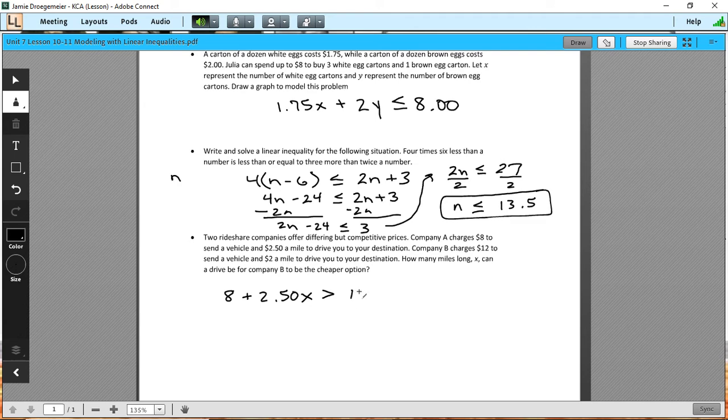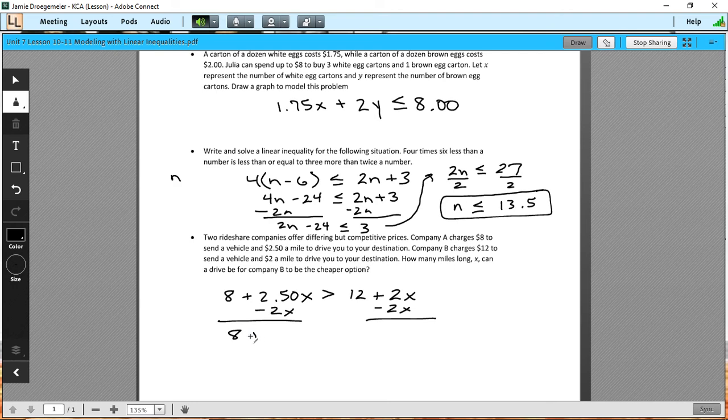And company B is charging $12 plus $2 for each mile. All right, so that's our inequality to start. Let's go ahead and solve it to figure out how many miles it is for company B to be the cheaper option. We're going to start by getting our variables on the same side. So I'm going to subtract the 2x from each side.